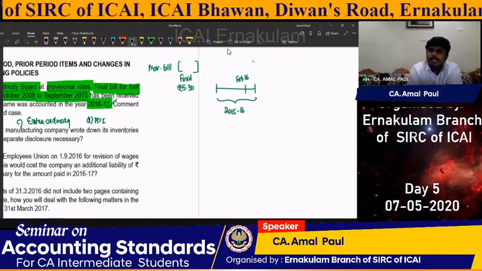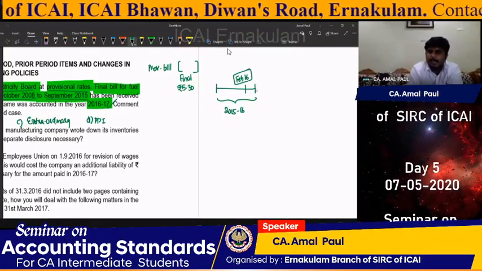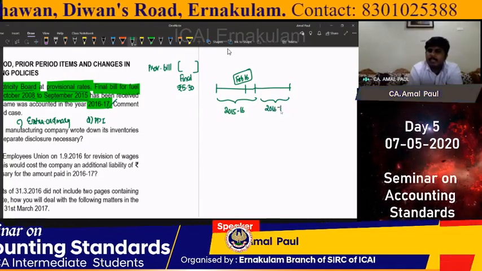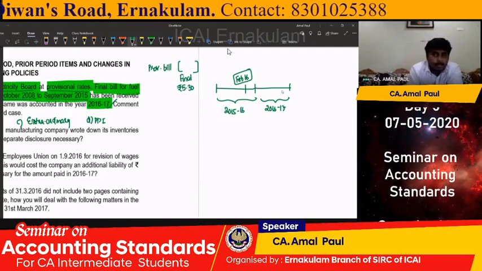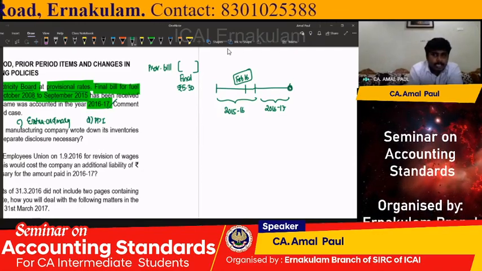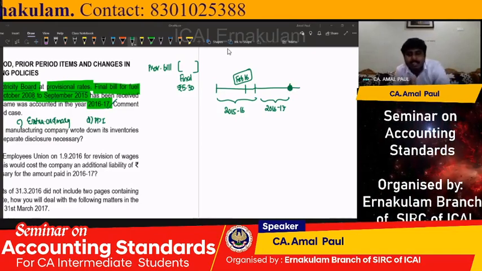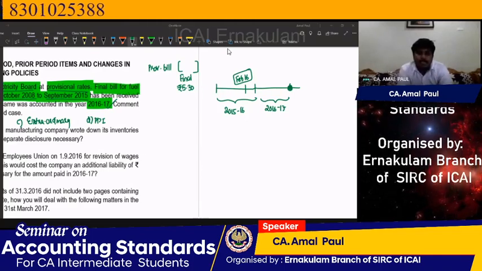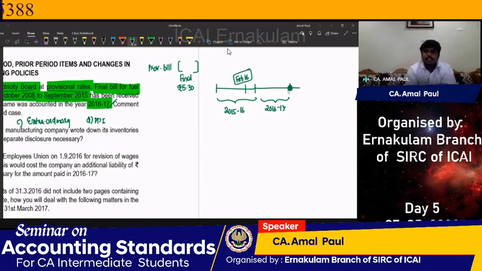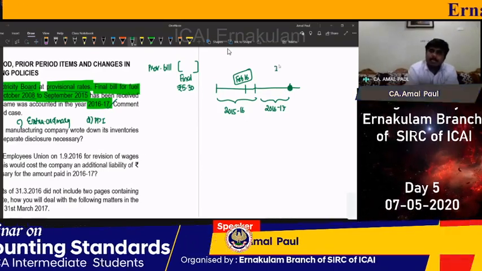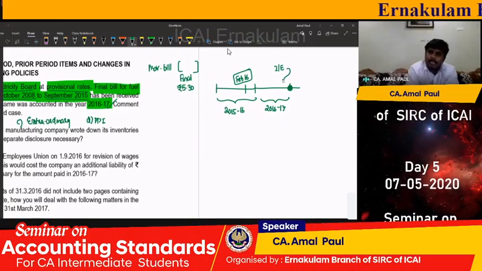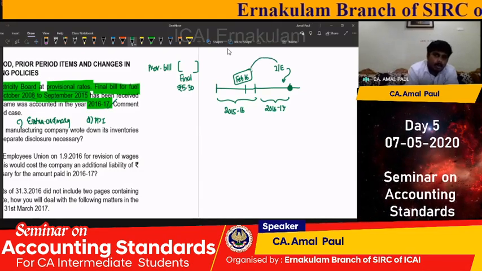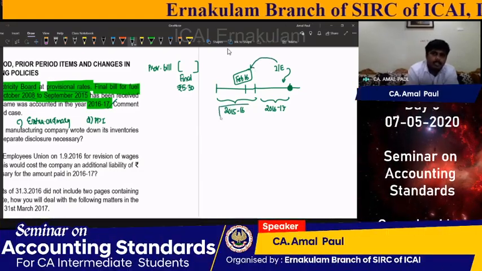You paid this amount in February 2016, but it is accounted in the financial year 2016-17. If you consider 31/3/2017, this is an income or expense arising in the current period, recorded in the current period due to an error or omission in the preparation of the financial statements for 15-16.